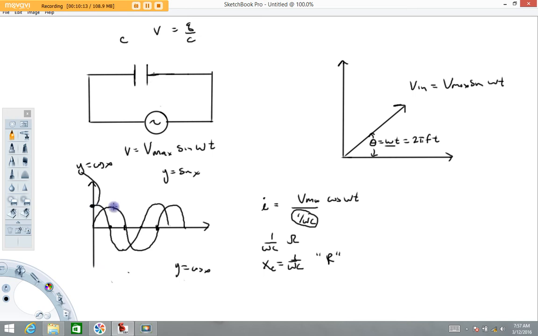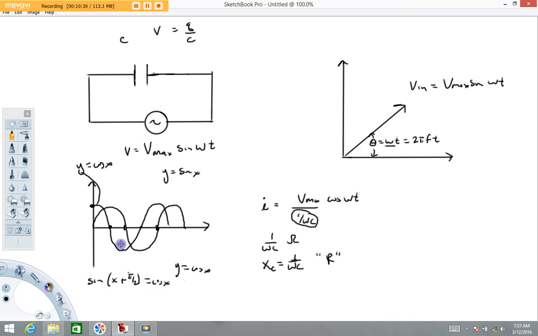I can shift this one over to here or this one over here. What I'm going to do is take this one and imagine shifting it over here. Now this distance on the graph would be pi over 2. So sine of x, and I want to shift left, so x plus pi over 2, is equal to cosine x. Right, this is one of the theorems of trigonometry.